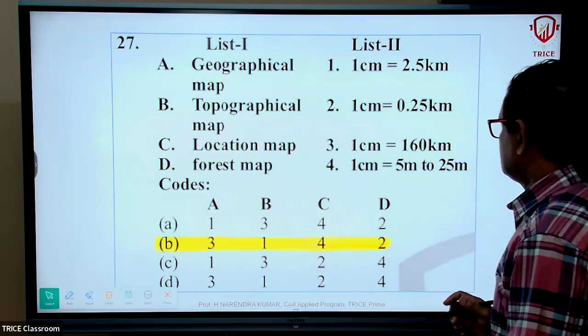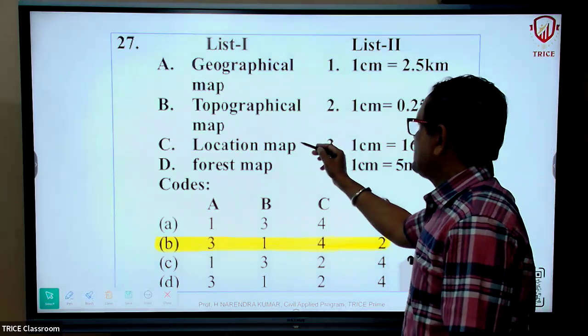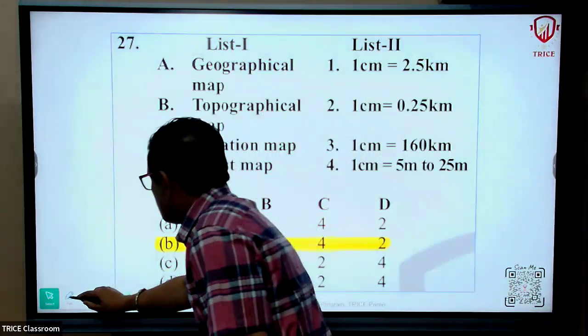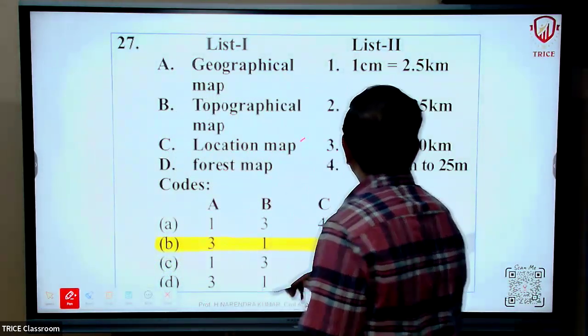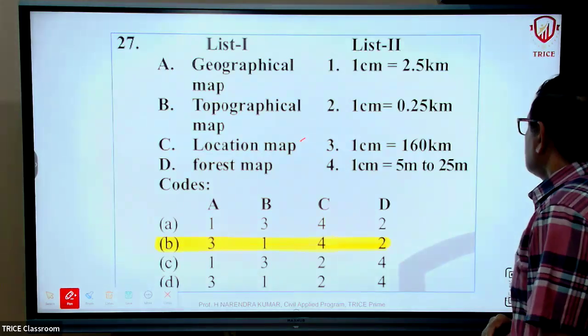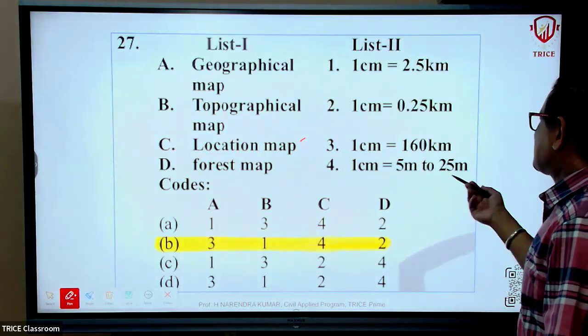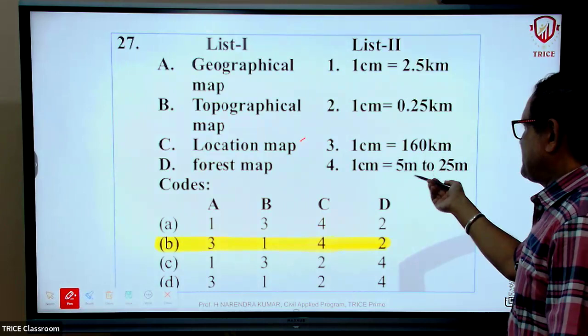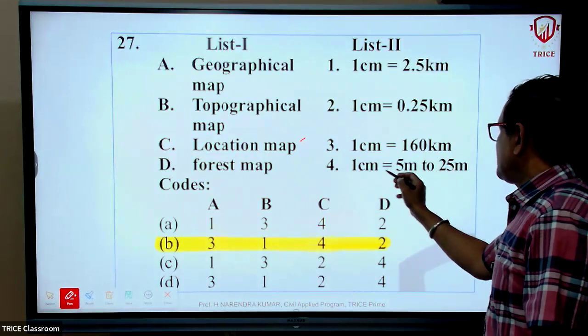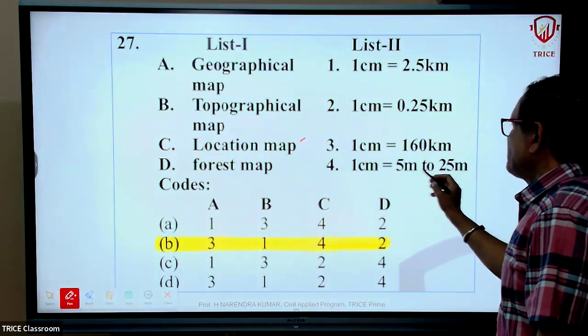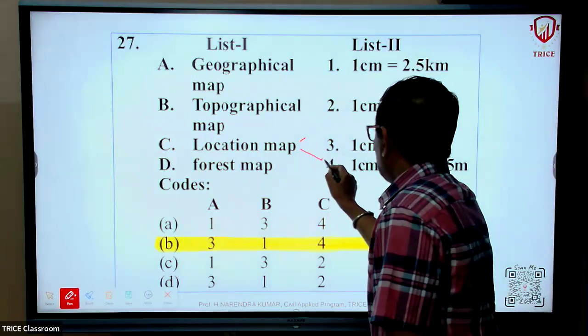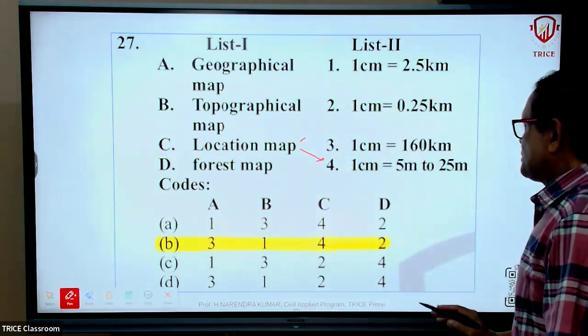Okay, what are those realistic values? Location map. Okay, location maps usually we create for lesser scale. Location maps: 1 centimeter is equal to 5 meter to 25 meter. So this is the correct answer.